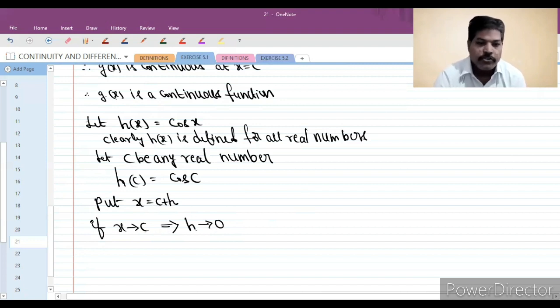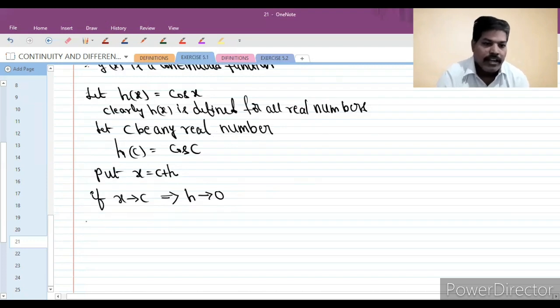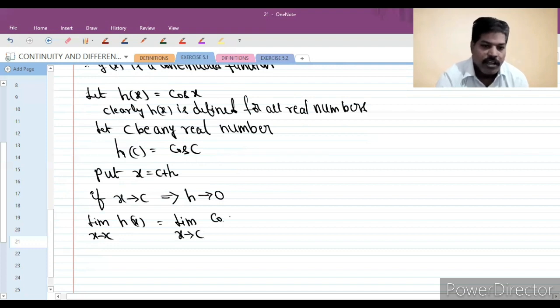So then I will calculate limit x tends to c, h of x, which is equal to limit x tends to c of cos x. In the place of x I will replace c plus h.